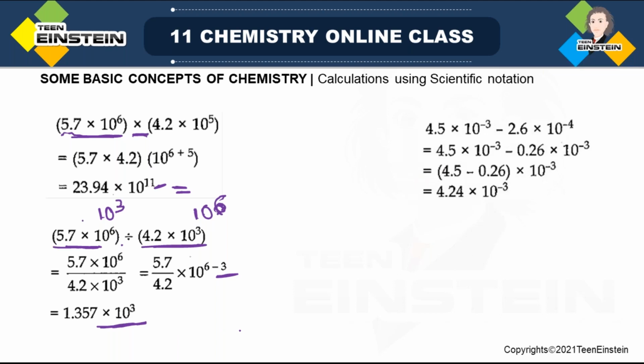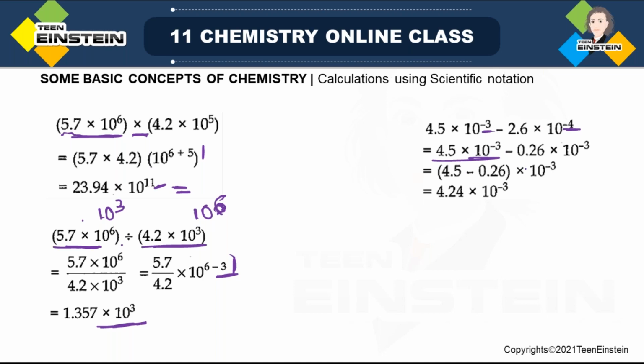Now we will see subtraction. So this entity and the second entity are subtracted. Now when it is subtraction, this type of direct power addition and subtraction that we have done, we cannot do. So in this case, first we have to make these two exponents the same, then only you can take common.